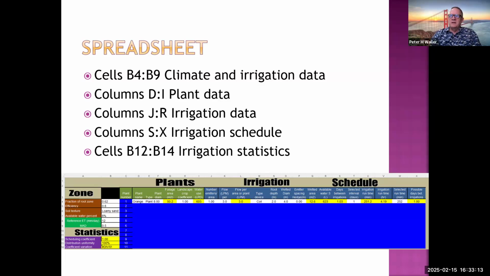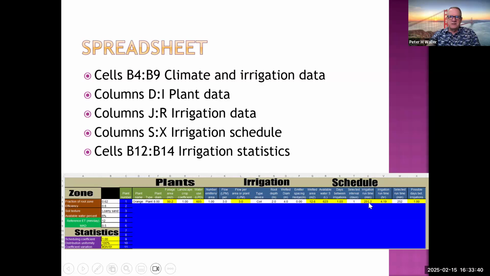After the spreadsheet calculates a possible irrigation schedule in number of days between irrigations here in column S, the user puts in the actual. So maybe it would even calculate 3 or 4, but you decide, well, I want to irrigate every other day. So you just put a 2 here. Here it's calculated 1.03, so I put 1 day between irrigations.